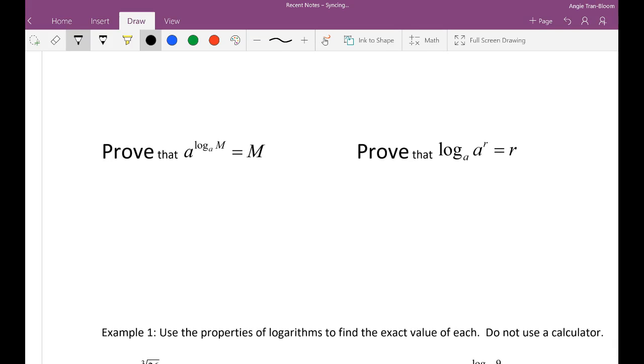Prove that a raised to the power of log base a of m is just simply m. Okay, so again, I'm going to let a raised to the power of log base a of m be a y value, whatever that is. And again, I'm just going to rewrite this, not in expo form, it's already an expo. I want to rewrite it as log form.